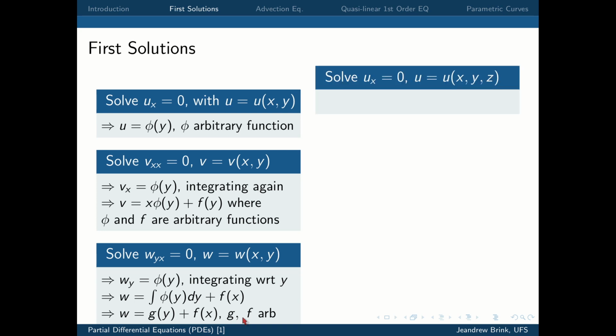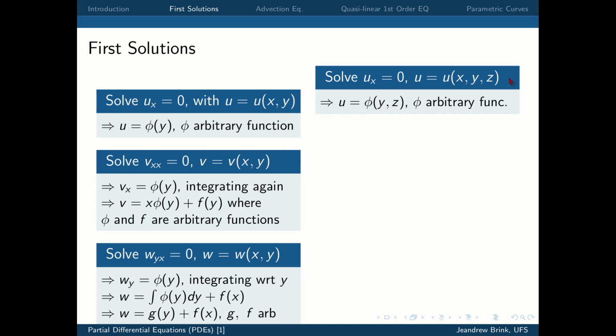arbitrary. Okay, so the next one, let's solve, just to show you what happens if we add one more unknown over here. So suppose we solve ux equals 0, where u is a function of x, y, and z rather than just x and y, and you can basically guess the answer. We have that u is now a function phi of y and z, where phi is an arbitrary function.